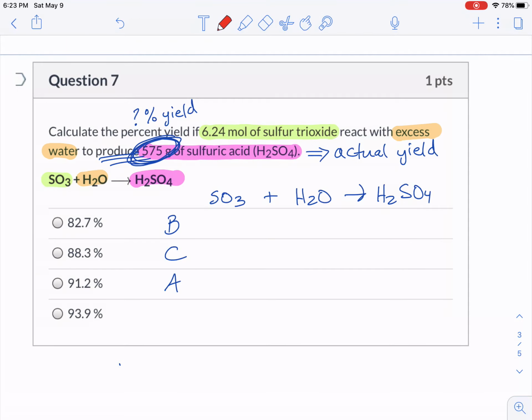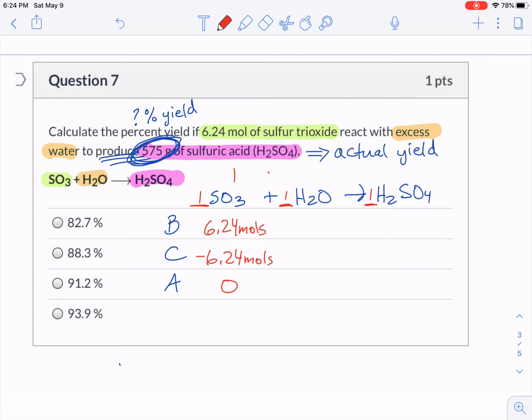Okay, what do we know? Well, we start off with 6.24 moles of sulfur trioxide. We're going to use it all and see what we can produce. Well, let's look at the coefficients. If nothing is written, we assume that it is a 1.